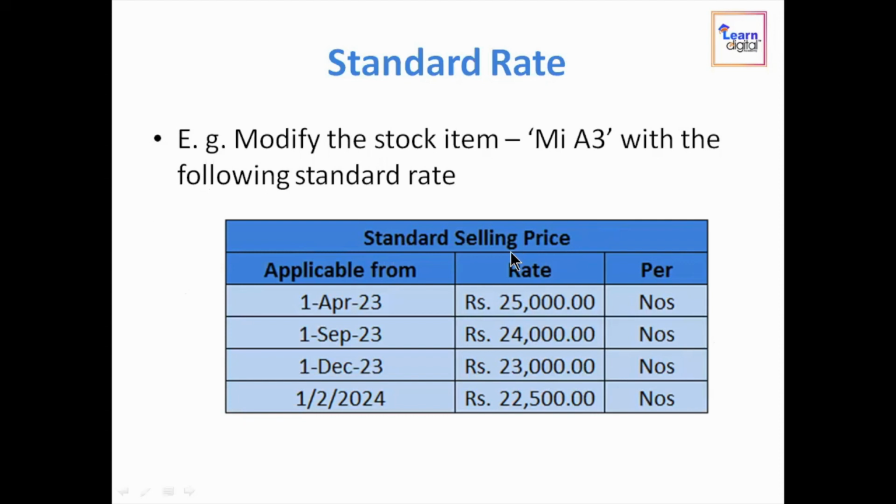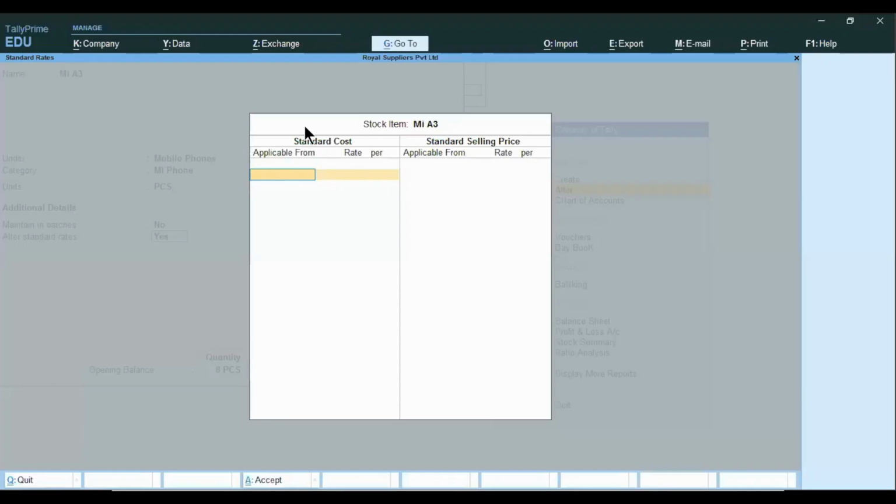As this rate is available for selling price, the standard cost will be the purchasing cost, so it is not in our hands. It changes according to the purchaser and the suppliers; if you change the supplier, the rate will change.